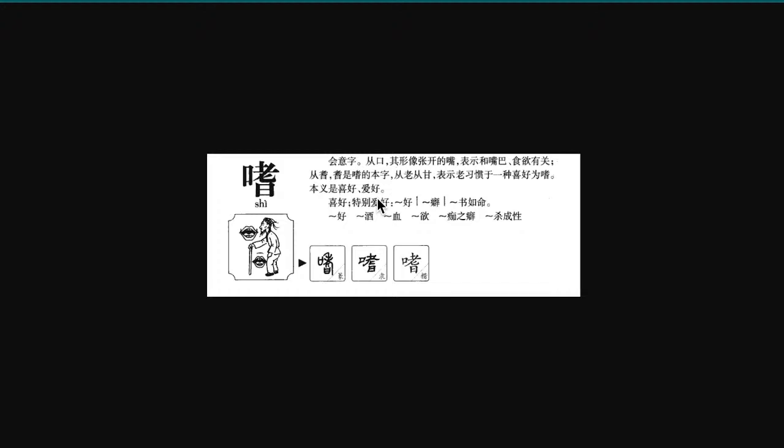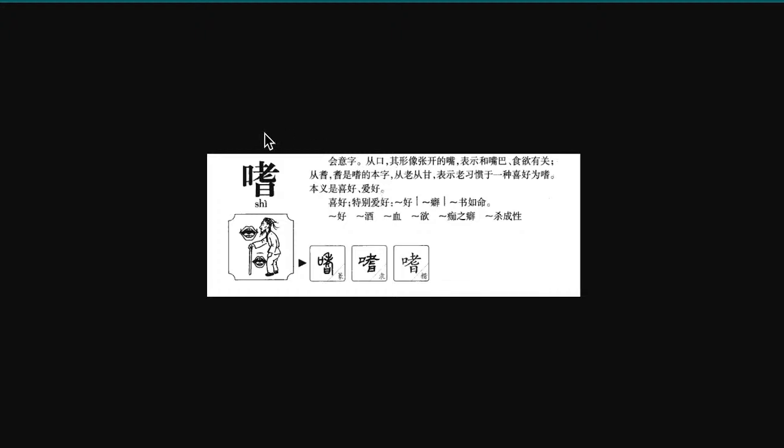So Lao and Gan put together basically means that you habitually, repetitively like something. This describes what it feels like to love something to the level of addiction.